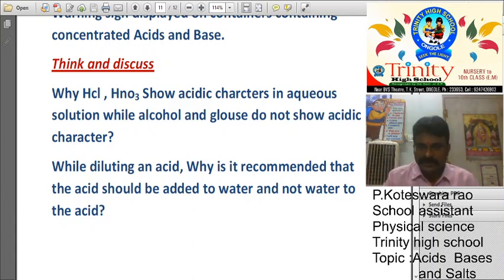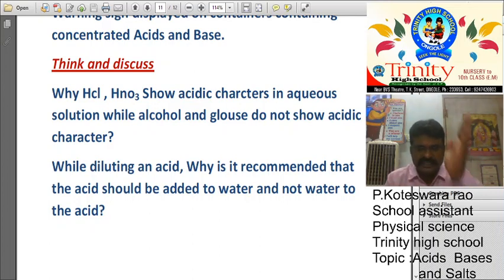But if you add water to that acid or base, what happens? It can produce a lot of heat, and that solution splashes out. It may fall on our fingers and cause severe burning. Because of local heating, the temperature is more, then the test tube will burst. So now, which one do you recommend?